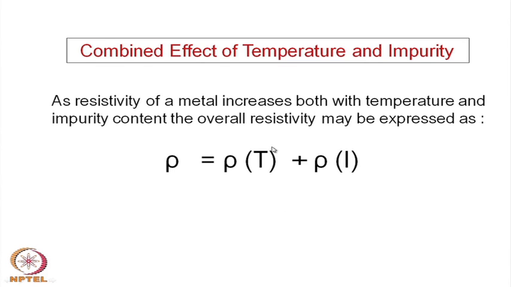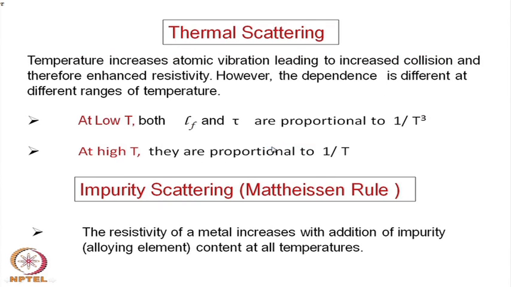And this combined effect is called Matthiessen's rule, where the scattering is by impurities. So, this one is the scattering by the lattice vibration or the thermal scattering, and this is called the impurity scattering, and that is more or less empirically described by Matthiessen's rule.